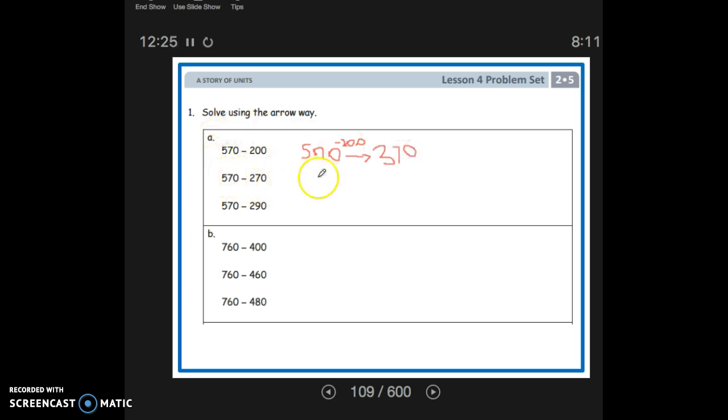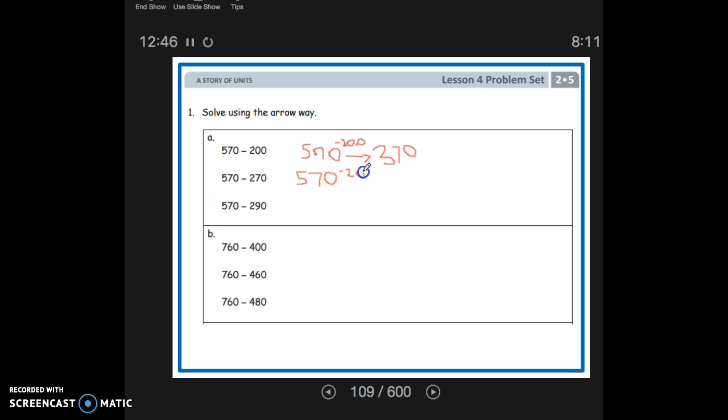Okay, let's look at the next one. 570 minus 270. The difference between these are 70, so you're going to be taking away that 200, then you're going to take away the 70. So it's 570 minus 200.